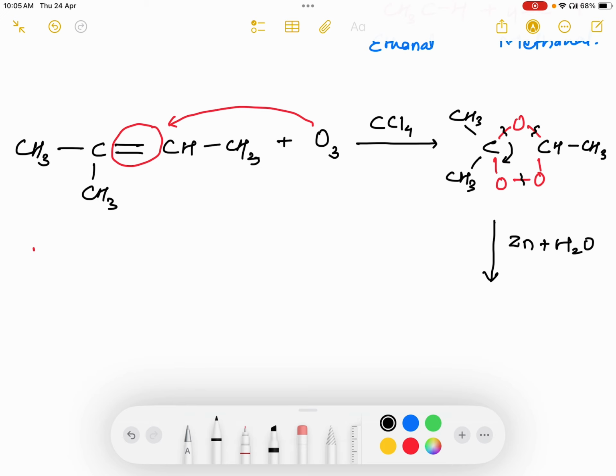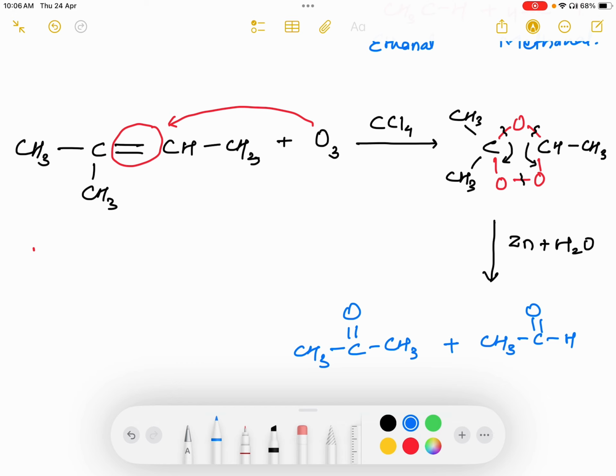It will shift over here, and this one will shift over here to make a double bond. The product formed will be CH3, C, double bond O, CH3, and the other will be CH3, C double bond O, H.